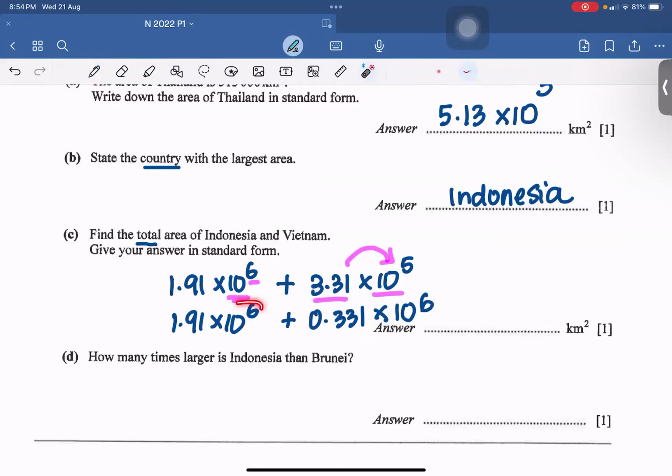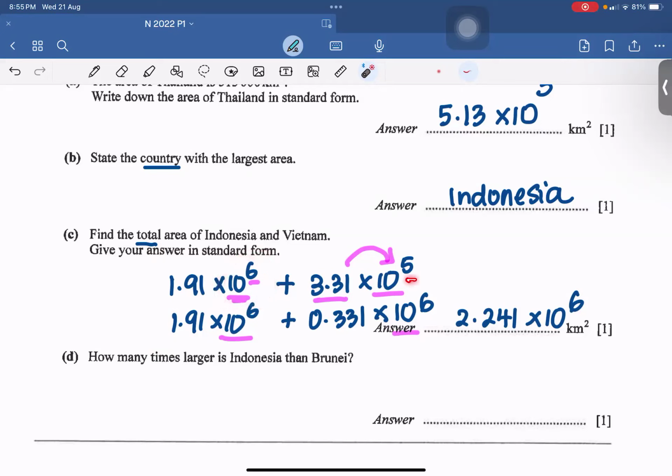Now both sides have the same power. I can just add up the numbers here. So this one will be 1.91 plus 0.331. And that gives me 2.241 times 10 to the power 6. Since both of them have 10 to the power 6, it's the same power already. I explain again, this is the higher power.